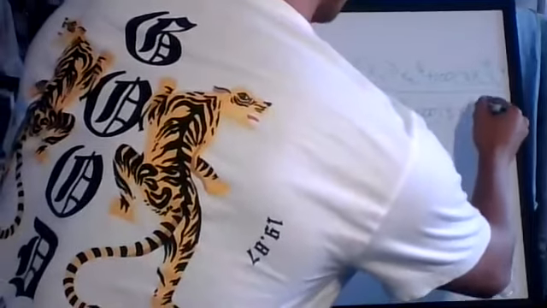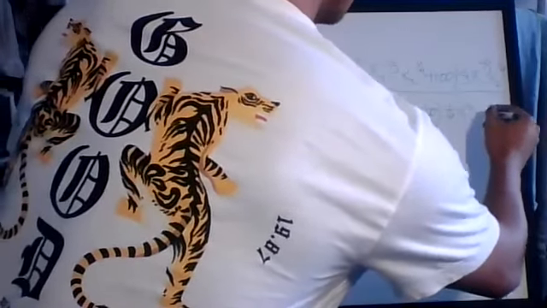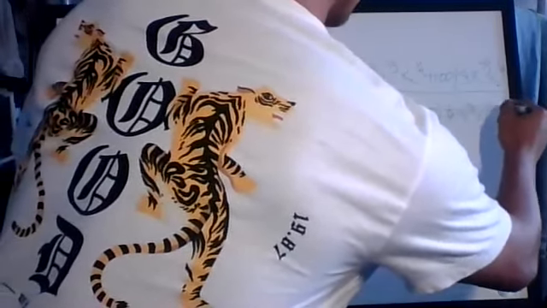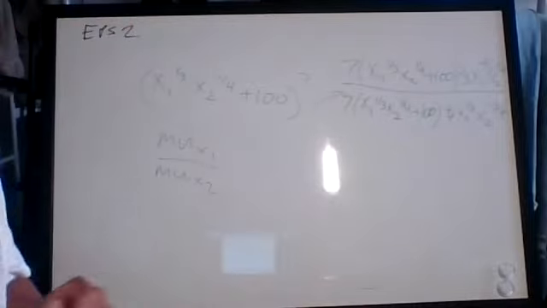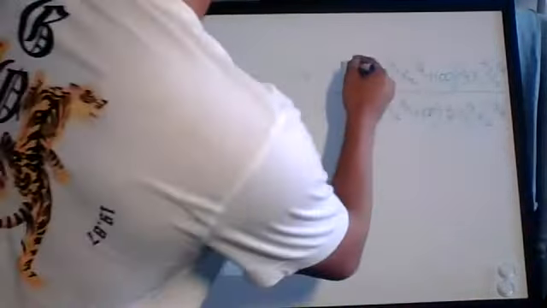x1 to the 1/3, let's just keep it in order, x2 to the negative 3/4, right? Because I have these like terms, and I'm going to show this in a different color, on both the numerator and the denominator, I'm just going to cancel that out so that I can work with something that looks cleaner.